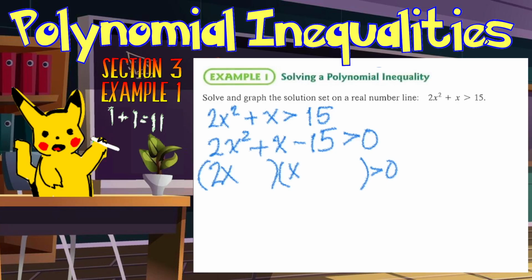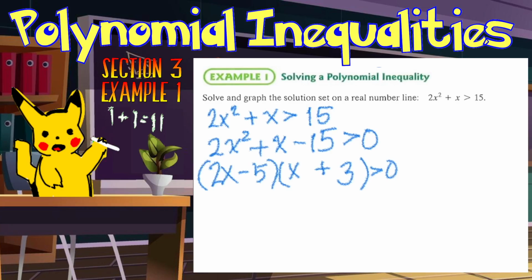So here I'm going to make my outer 6x, and I will make my inner 5x. And if I make it negative 5x and positive 6x, my middle term is positive 1x, which is good. Last, negative 15, and first times first is 2x².